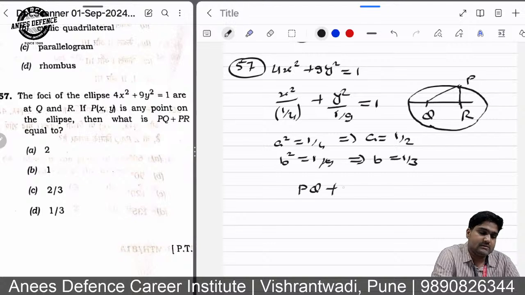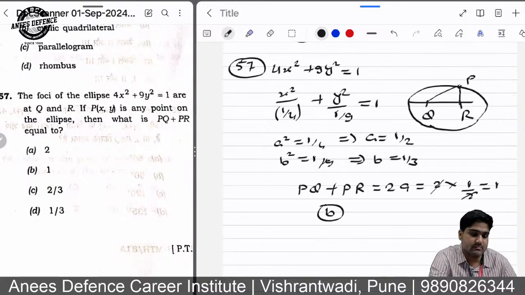So PQ + PR = 2a. Here a is 1/2, and the 2s cancel out, so it's 1. So the length of PQ + PR is equal to 1. So option B is the correct answer for question number 57.